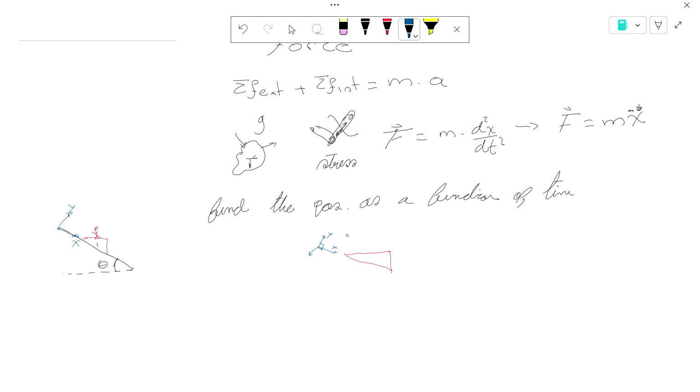But you notice that in most cases we ignore Z because we say that this is going to be a rectilinear motion, meaning that it's only going to have motion in the X direction. If it's not going to have motion in the Z direction, I can ignore that and make it much easier, because my force vector is going to go from R3 to R2. So we can simplify one dimension.